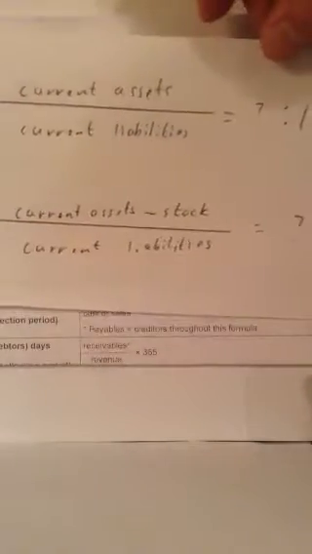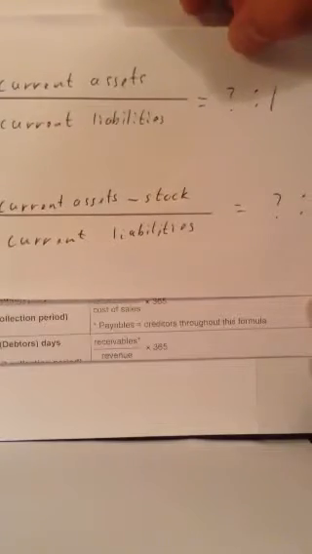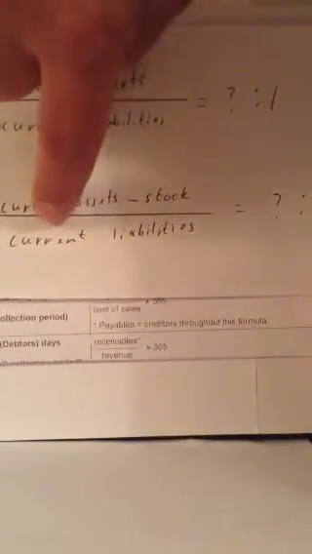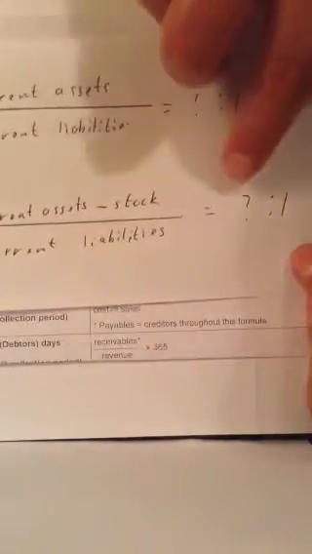Once again, this is expressed as a ratio. Students often find it easier to use a formula like this, where we compare current assets minus stock divided by current liabilities. Once more, the answer is a ratio, something to 1.